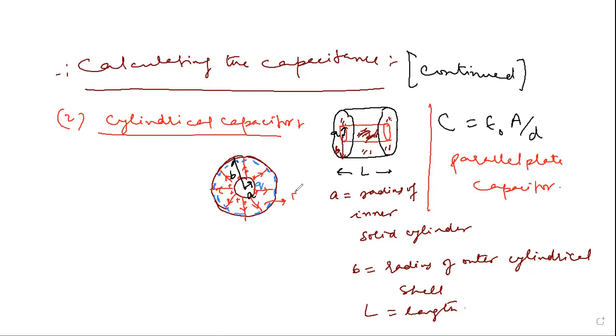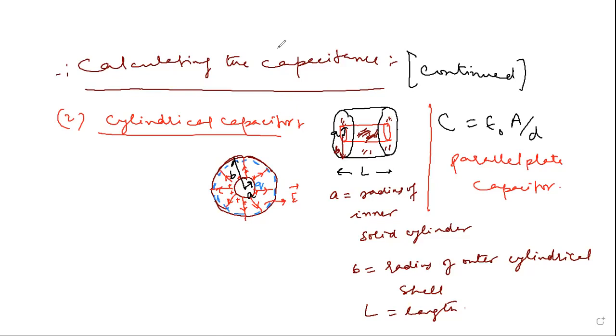This is electric field. The first step of our calculation is, remember, this is in cross section. You are looking from this side or this side on the charged cylindrical capacitor.